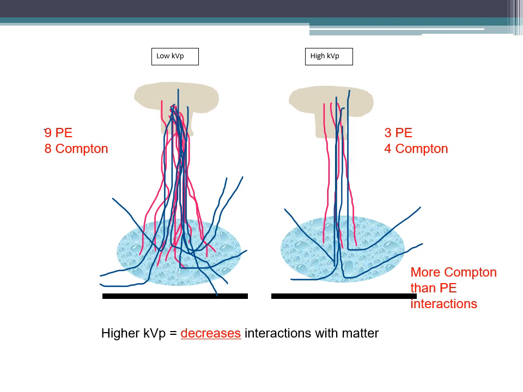At higher kVp, we're going to have more Compton than photoelectric interactions. Even though we have fewer interactions overall, we only have a total of 7 interactions at higher kVp. The remainder would be non-interacting. At lower kVp, we would have 17 in comparison. So we have fewer interactions with matter at higher kVp, but we do have more Compton than photoelectric interactions, just like at lower kVp you have more photoelectric than Compton.